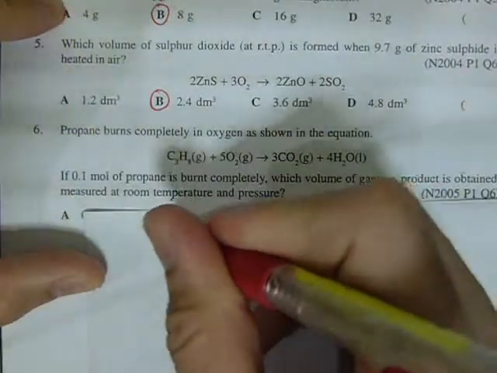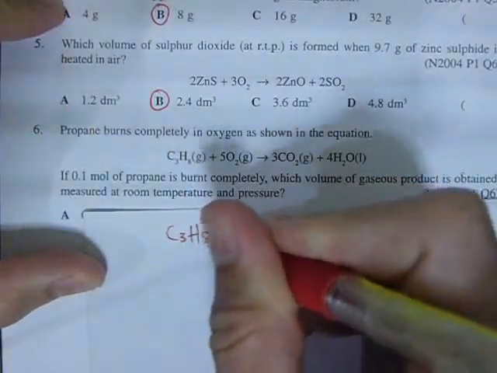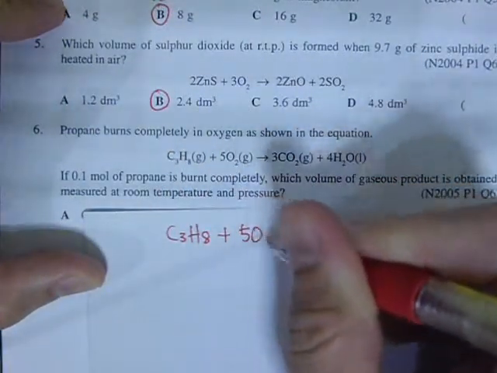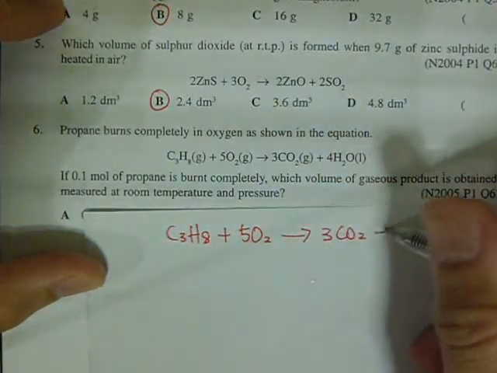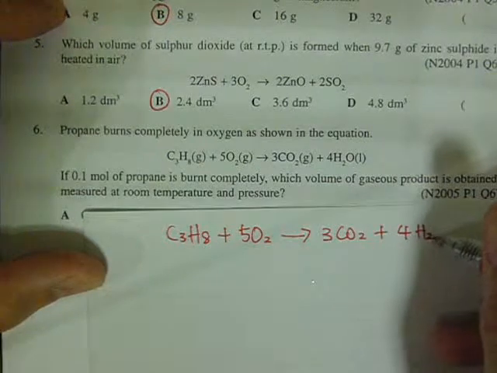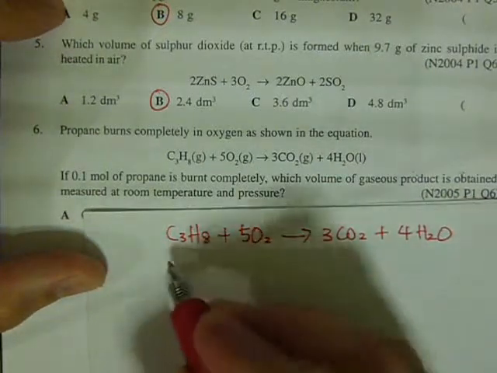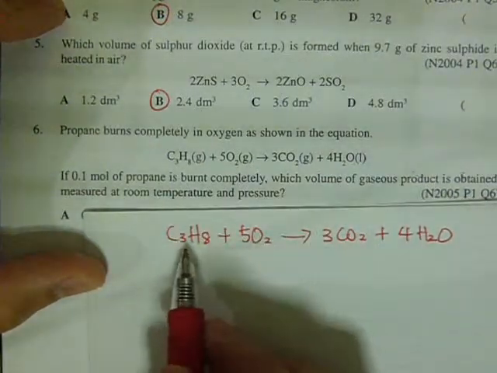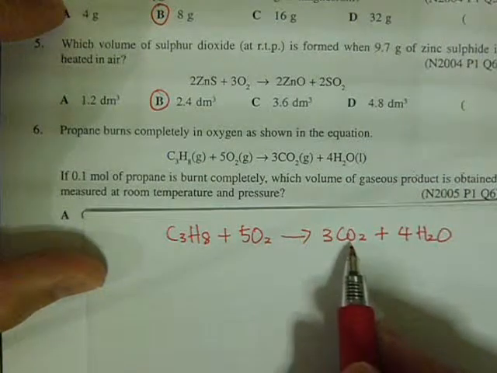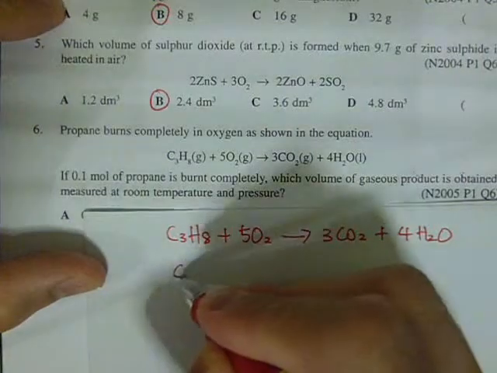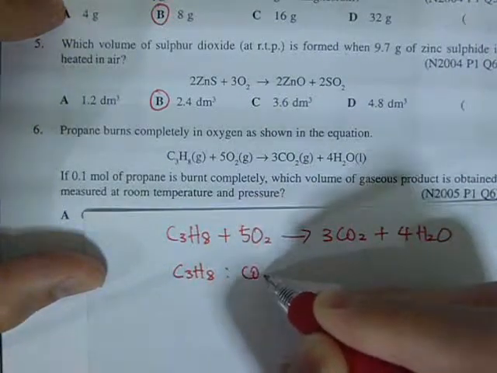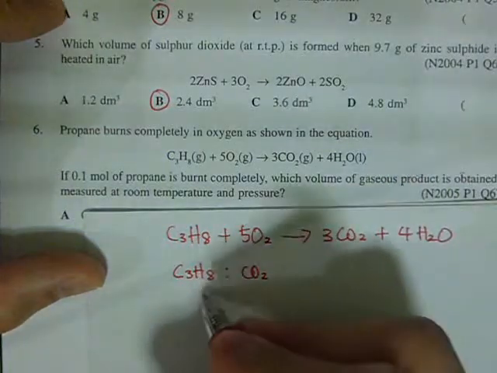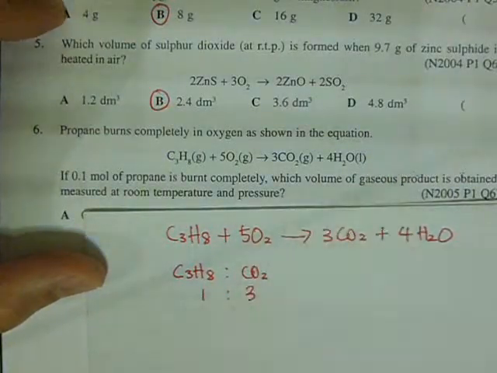Now again, from this balanced chemical equation, we know that 1 mole of propane would produce 3 mole of carbon dioxide. So the mole ratio for propane and carbon dioxide is actually 1:3.